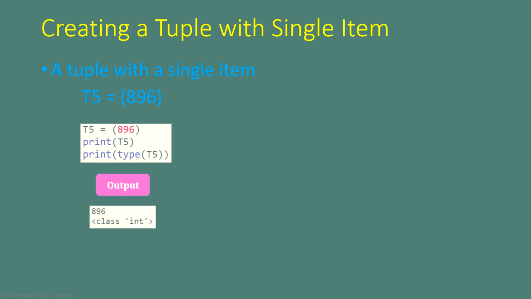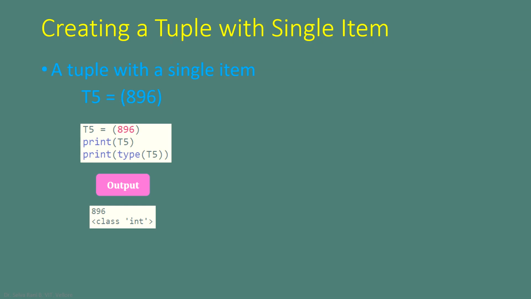Because without the trailing comma after the single element 896, Python will treat the parentheses as a mathematical operator and it will return an integer as an output.